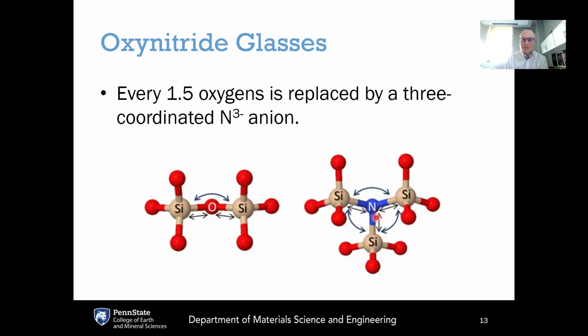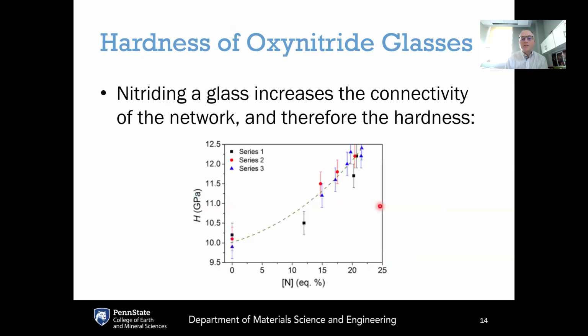Each of the 3 bonds is shared by the 2 neighbors. So it's 3 divided by 2, so 1.5 radial constraints, but then 3 angular constraints as well. And so we're going from a total of 2 constraints per oxygen to 1.5 plus 3, so 4.5 constraints per nitrogen. And so this can enhance some of the mechanical properties of the glass.